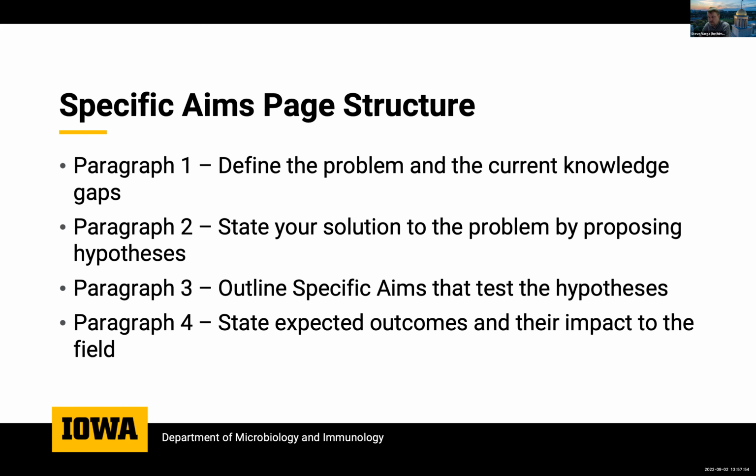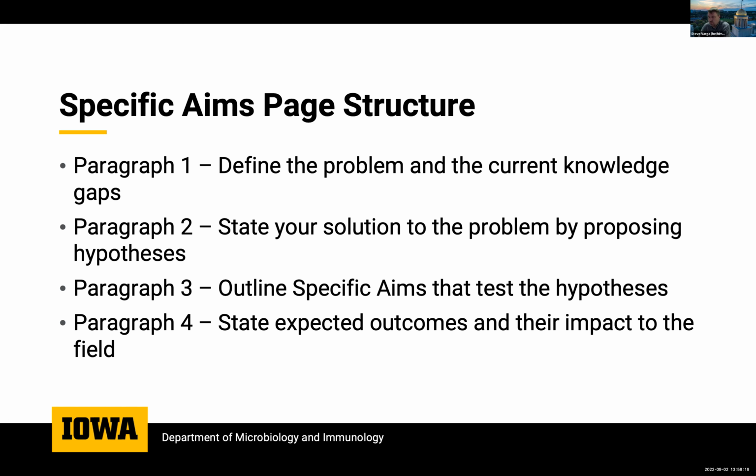And the fourth paragraph is basically the payoff paragraph of what your expected outcomes will be and the impact to the field. What performing this proposed research that you're outlining is going to do to move the field forward, right? And where will we be at the end of this 5 years? And that's a really important aspect of it.